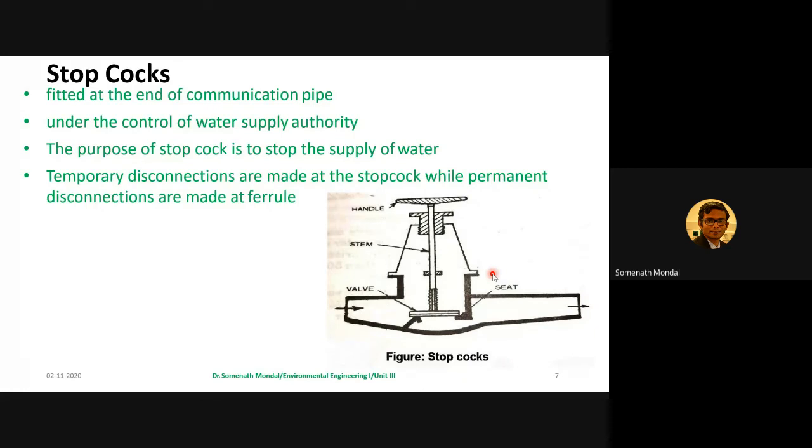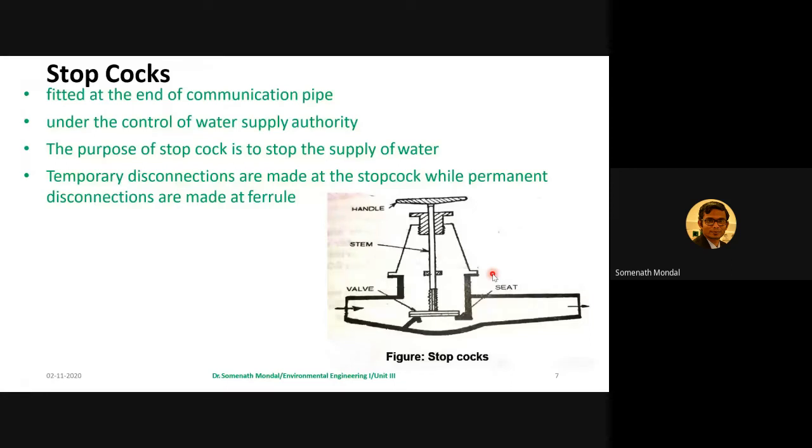So the main idea of this is, as I mentioned, to create more flexibility in the supply. If you want to stop for some time in particular premises, then you can operate this stopcock from outside. They are generally provided at the water entrance of each building and also within the building itself if required.